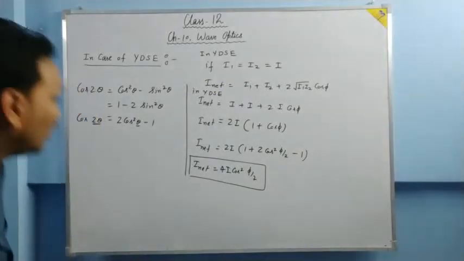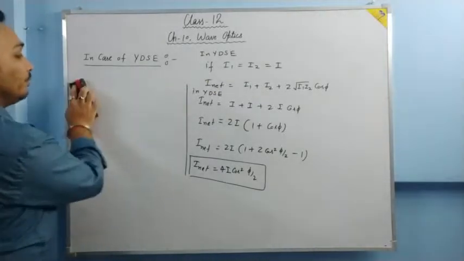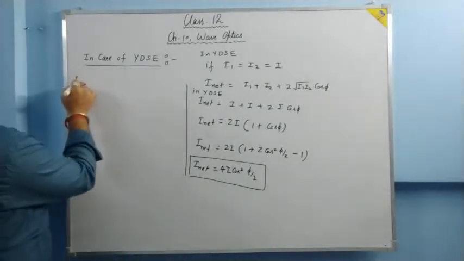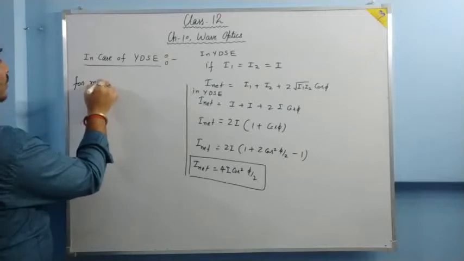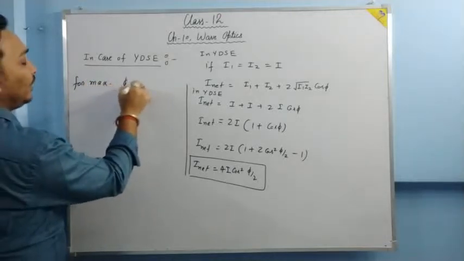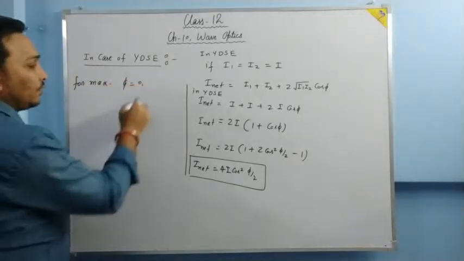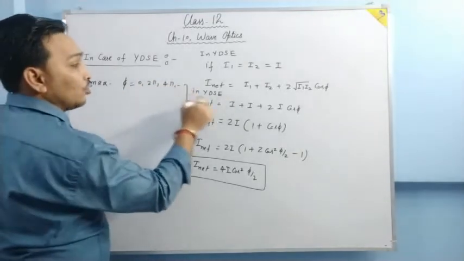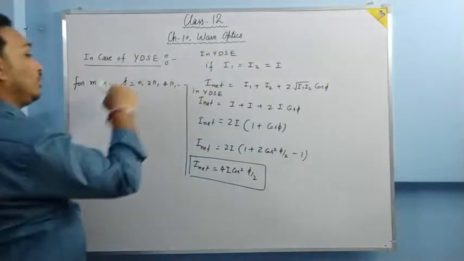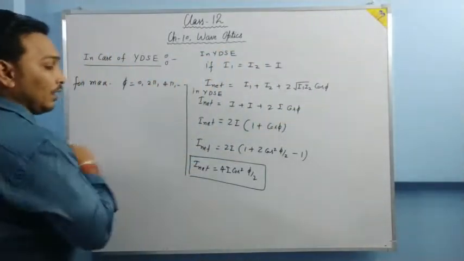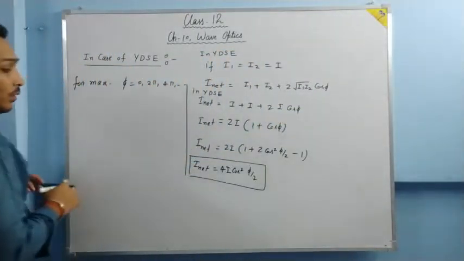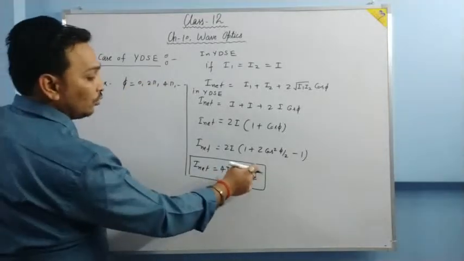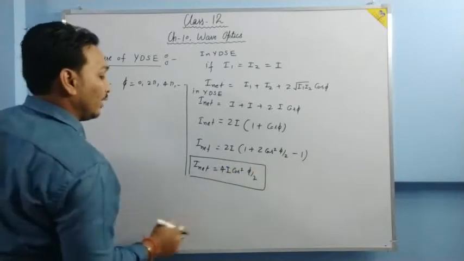Now we'll put the conditions for maximum and minimum. For maximum, this phi needs to be 0, 2 pi, 4 pi, and so on. In that case only the cos phi will be plus 1. If you put any of these values over here, cos 0 value is 1.